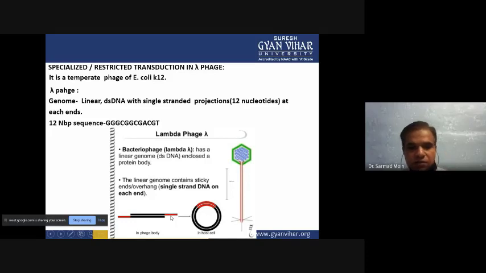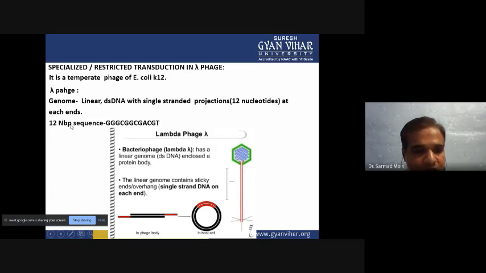When the single-stranded ends are complementary, they can rejoin and make circular DNA, like a plasmid. So lambda phage has linear double-stranded DNA in the phage, and when it infects the bacteria, it becomes circular double-stranded DNA.